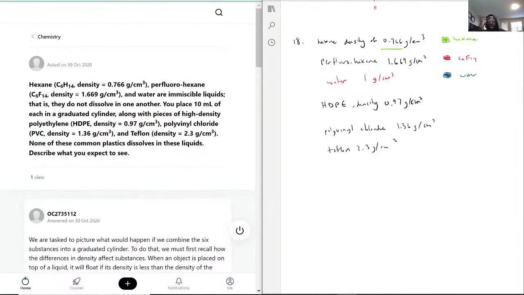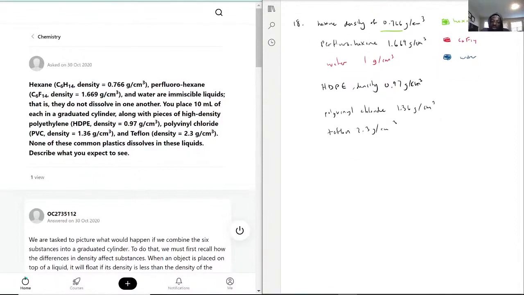Knowing this, let's start. It's 10 mils of each, right? Because the perfluoro-hexane is the densest, it'll be at the bottom. In the graduated cylinder we have 10 here, 20 here, and 30 here. Let me make this black so there's no confusion.